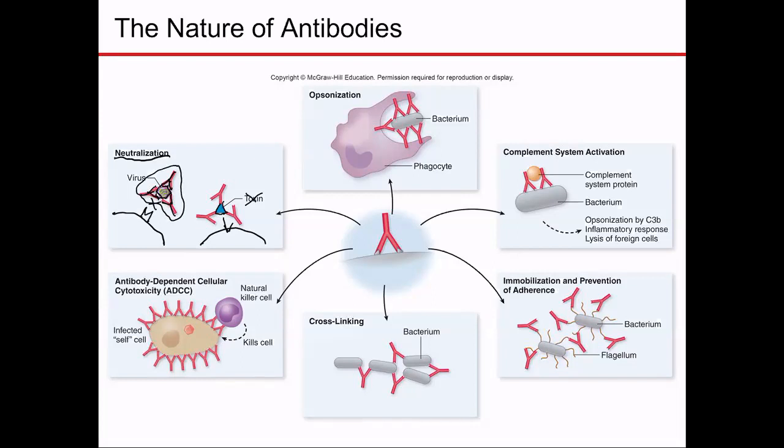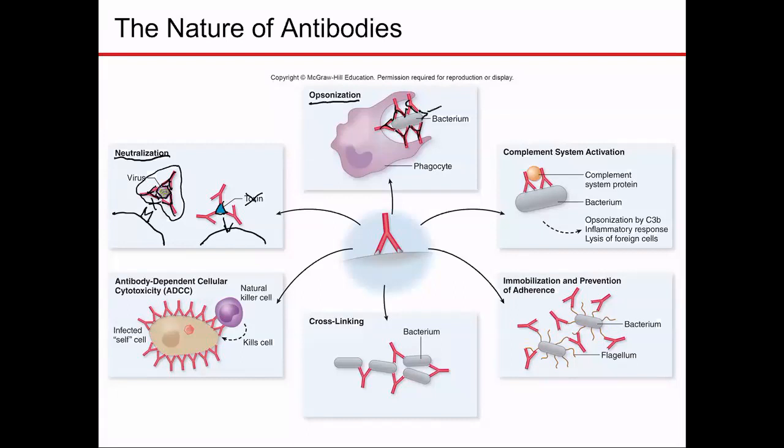Another function that antibodies can have is opsonization. We discussed opsonization in the innate immunity mediated by the C3b complement protein. Well, antibodies can do a similar thing. They can cover all over a microbe like this.